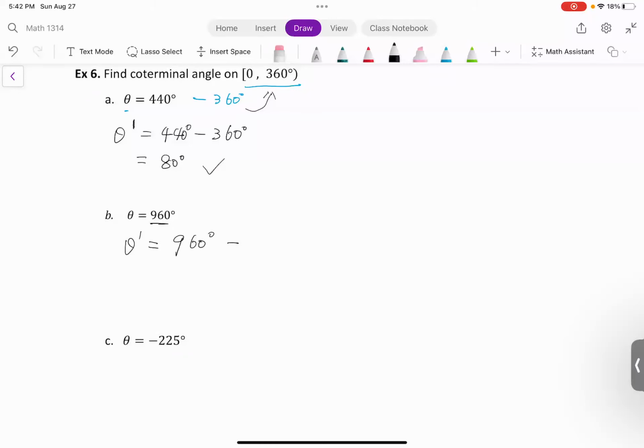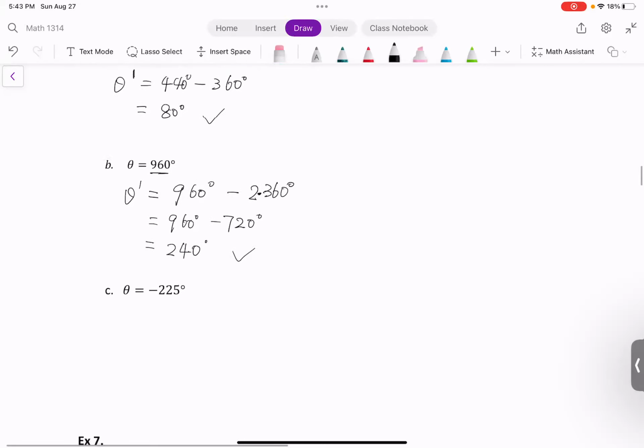Let's try to subtract 2 times 360 degrees. This is multiplication: we have 960 minus 720 degrees. I get 240 degrees. Yes, this is in the interval.